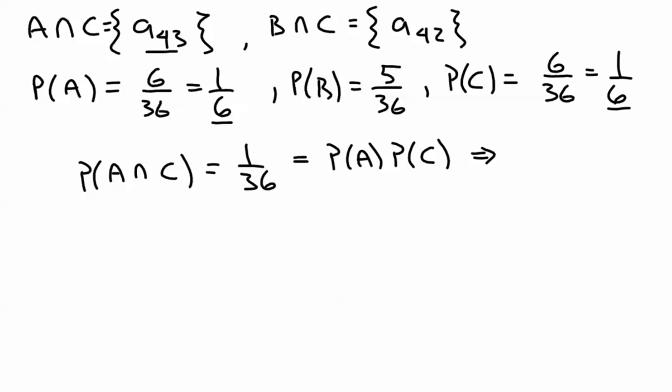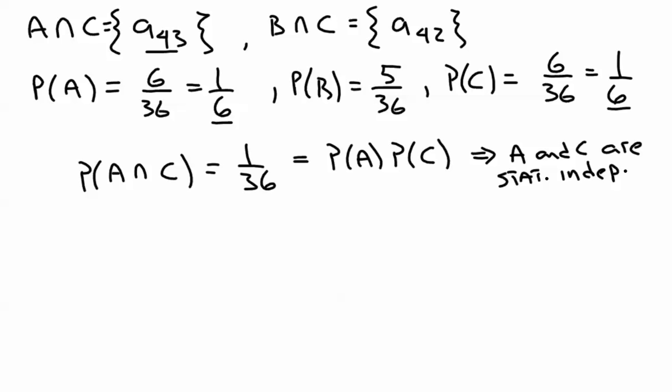So A and C are statistically independent. Basically what this means is that a sum of 7 spots, that's event A, is possible for any number of spots that shows up on die 1.